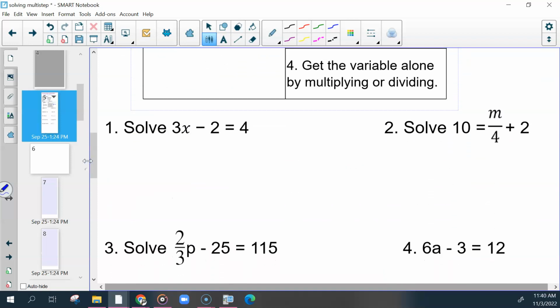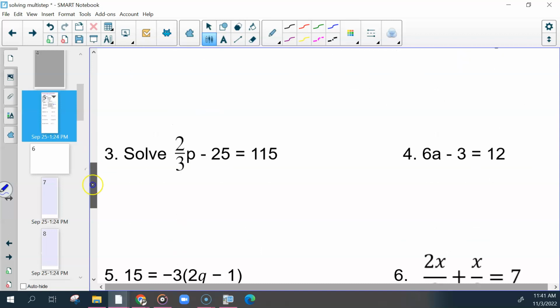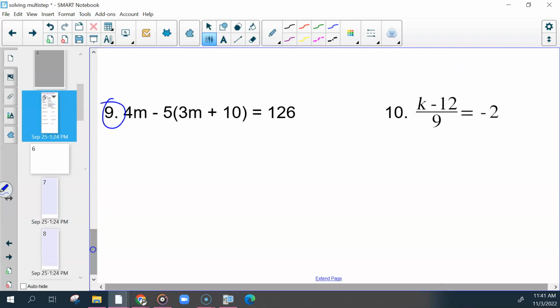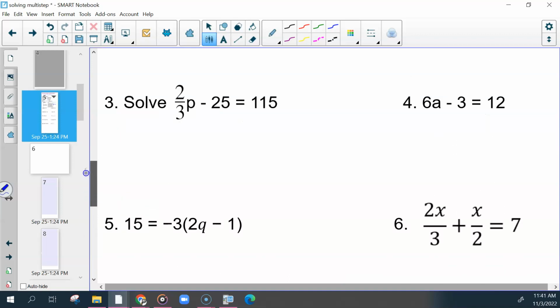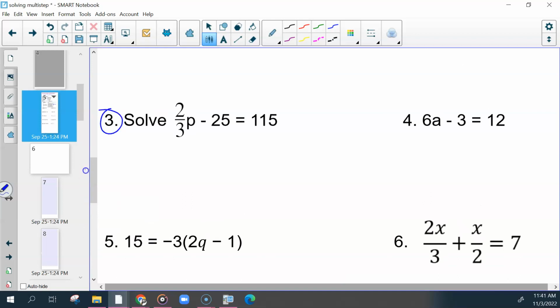So I want you to look at this page, look at all the problems. Find problems that you're not sure where to start, it looks challenging, you just want to go over it, you have questions about it. Any of those, and tell me which ones. 9. I'm just going to circle all of them and then we'll go through. Victoria. 3. Cameron. 6. 6 is going to be the last one we do out of all of them.